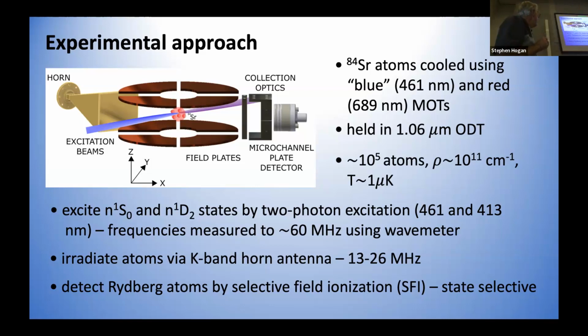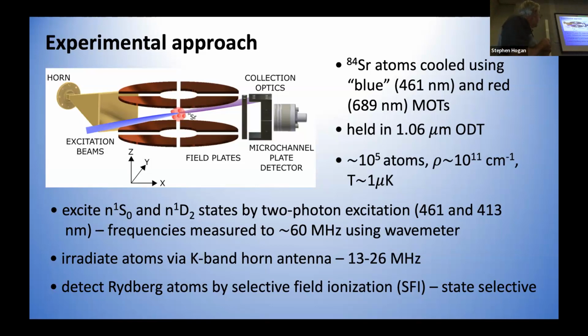Now, we then create nS0, nD2 Rydberg states by two-photon excitation using 461 and 413 nanometer radiation. This radiation is provided by frequency-doubled diode laser systems, and we can actually measure the frequencies to about 60 megahertz accuracy.